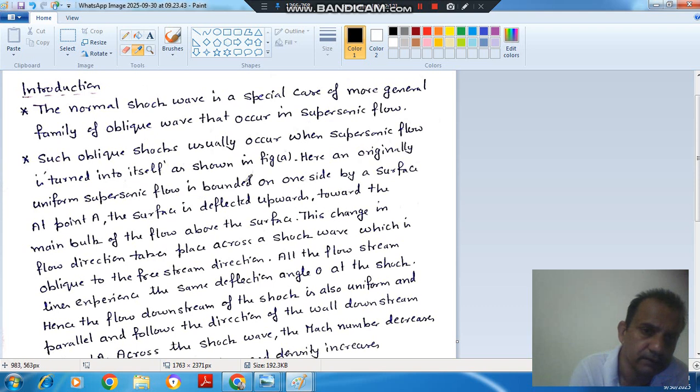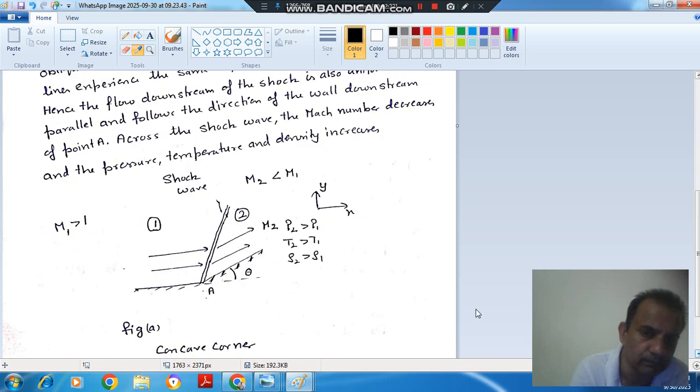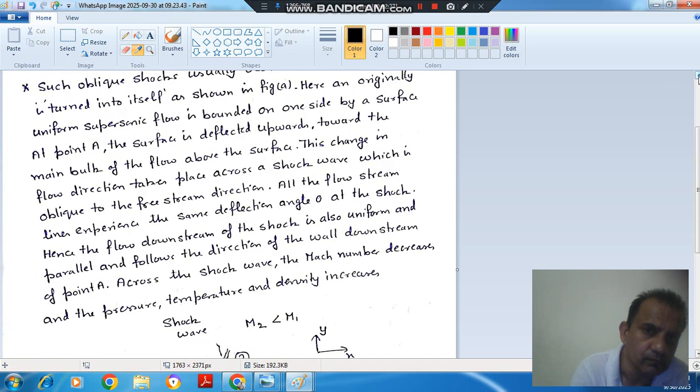Such oblique shocks usually occur when supersonic flow is turned into itself, as shown in figure A. Here an originally uniform supersonic flow is bounded on one side by a surface. At point A, the surface is deflected upwards toward the main bulk of the flow above the surface.